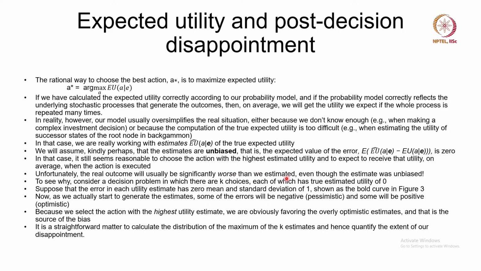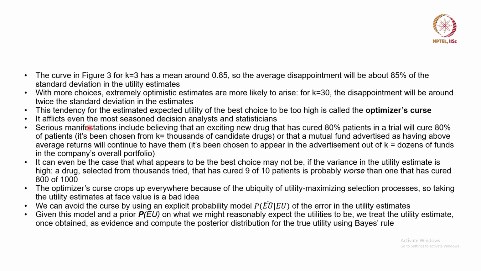When that happens, you need to find the difference and see what the error is. This gives you the expected value of error, and you want this expected value of error to be as small as possible.